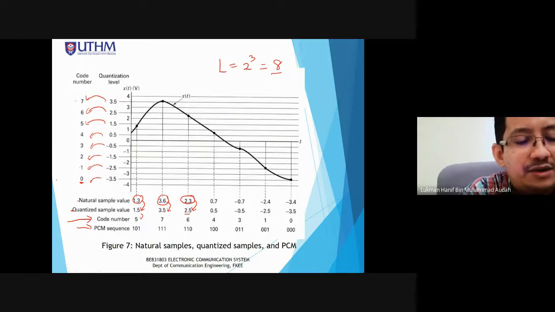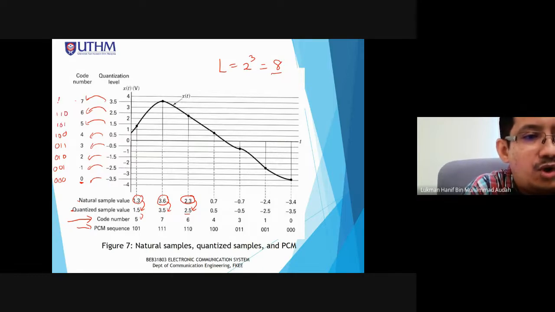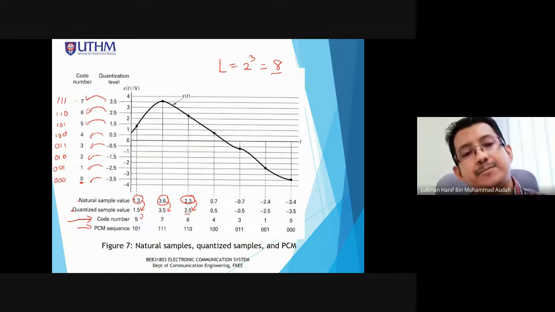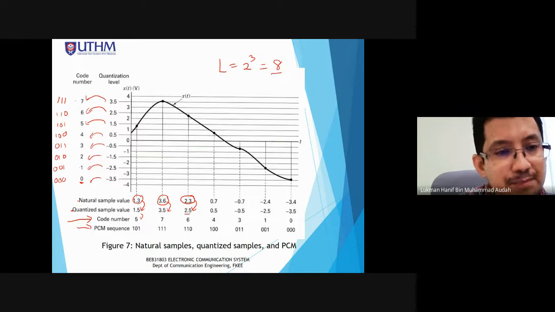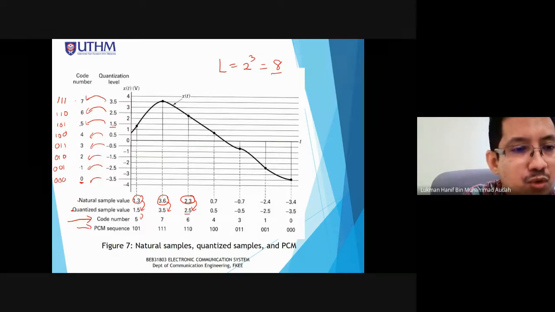Tetapi dalam binary, kita perlu tukar kepada 000, 001, 010, 011, 100, 101, 110, and 111. Nampak? So tadi untuk sampel yang pertama, iaitu 1.5, map to code number 5.